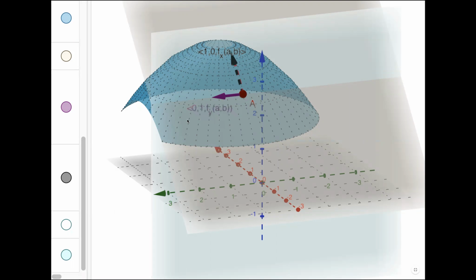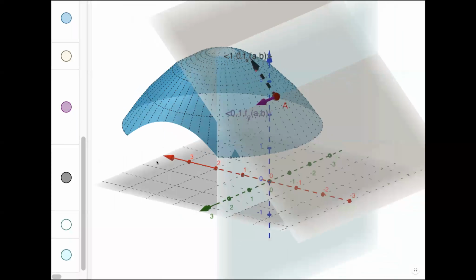Then you can watch the videos on how to find the equation of the plane: the normal vector is just the cross product of these two vectors, and then you use this point to find the tangent plane. Again, these two vectors in the x and y directions have to do with the partial derivatives, because we're finding the cross sections in the x direction and in the y direction, and that's it.